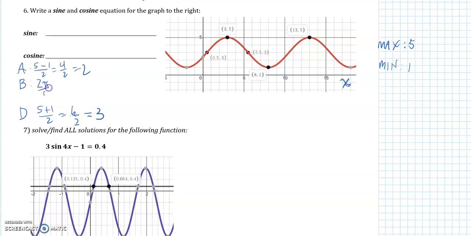So I'm looking at 2 pi over period will be B. And the period is nicely marked from 3 to 13 from this max to max. So that's 13 minus 3. The horizontal distance of a cycle is 10 units. So that's going to be 2 pi over 10, or pi over 5.